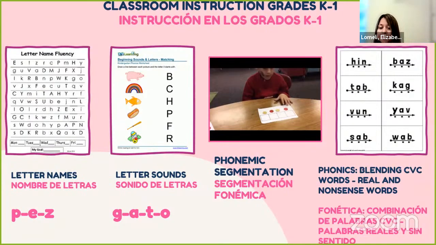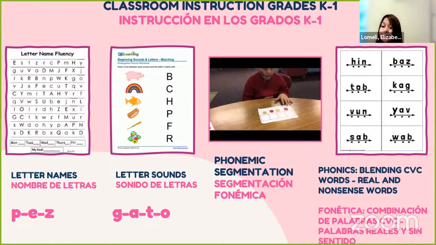Being able to sound out the words, blend the words, and also knowing consonant, vowel, consonant patterns like you see on the right top section. You see words that are real and words that are not real. So you're going to see, again, real words and nonsense words.